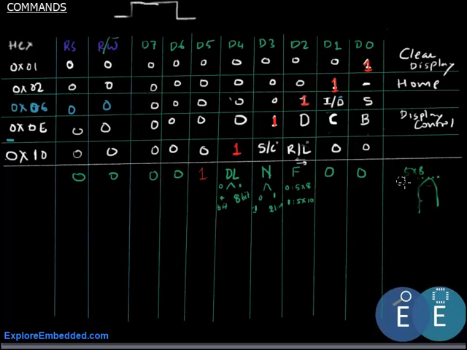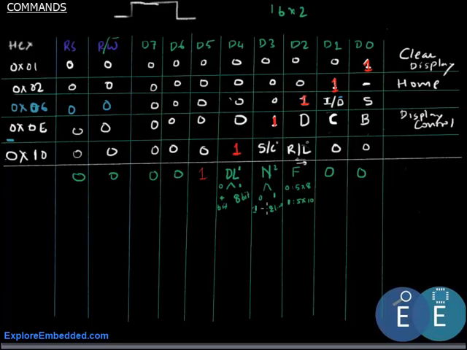Now we can make the combinations for 4-bit as well as 8-bit mode from this particular command. Let's say for 8-bit first, we have DL as 1, then we have number of lines as 2, because we are discussing in the context of a 16 cross 2 LCD.